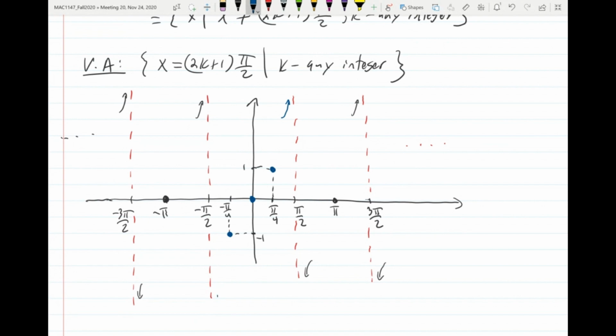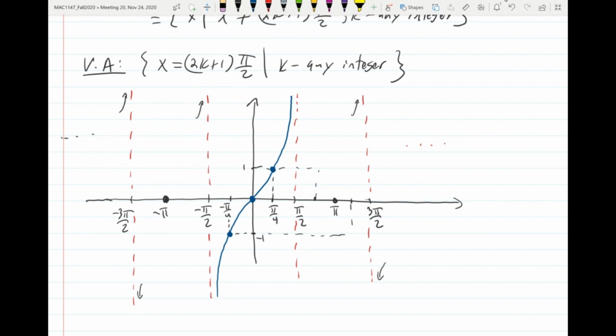Okay, so the tangent function has this shape. It looks like a cubic, but it's trapped between two vertical asymptotes. And then this actually keeps on repeating all the time. So now right here in the middle, we have this point, and then here we have negative 1, and then it just keeps on repeating.